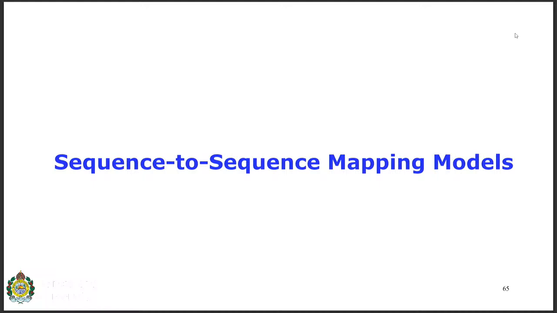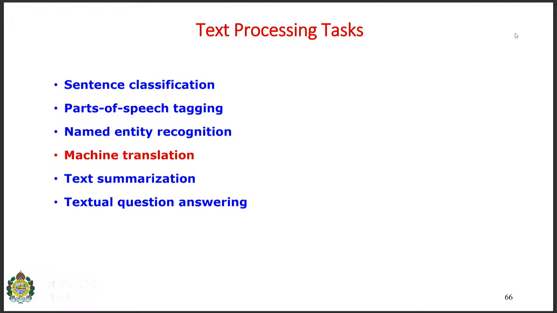And these transformer models are mainly designed for what is called the sequence to sequence mapping task. I'll show you some examples. But interestingly, we are making use of these transformer models for tasks like image captioning, image question answering, and so on. There are many text processing tasks where we deal with sequences. It can be something like a simple sentence classification. I'm not sure if you have heard of the term sentiment analysis.